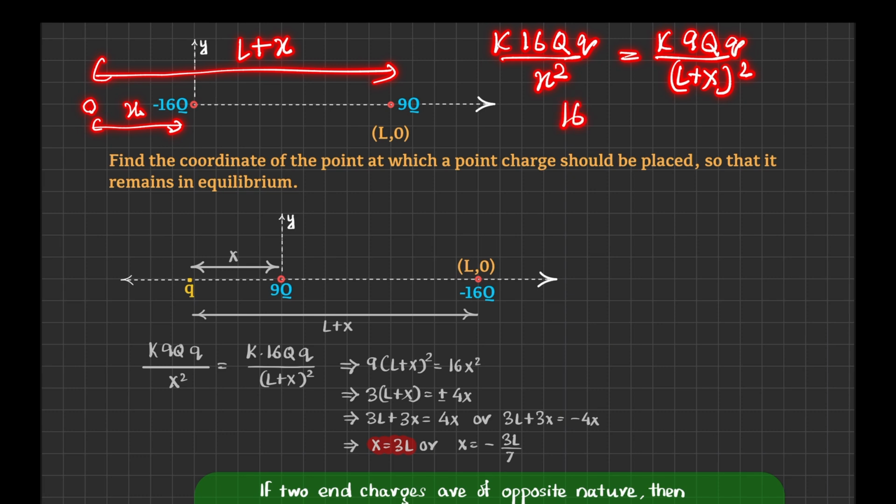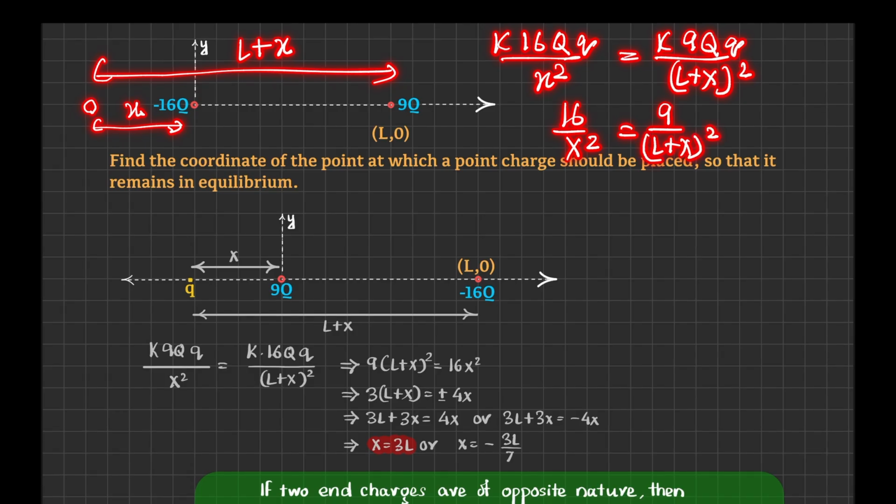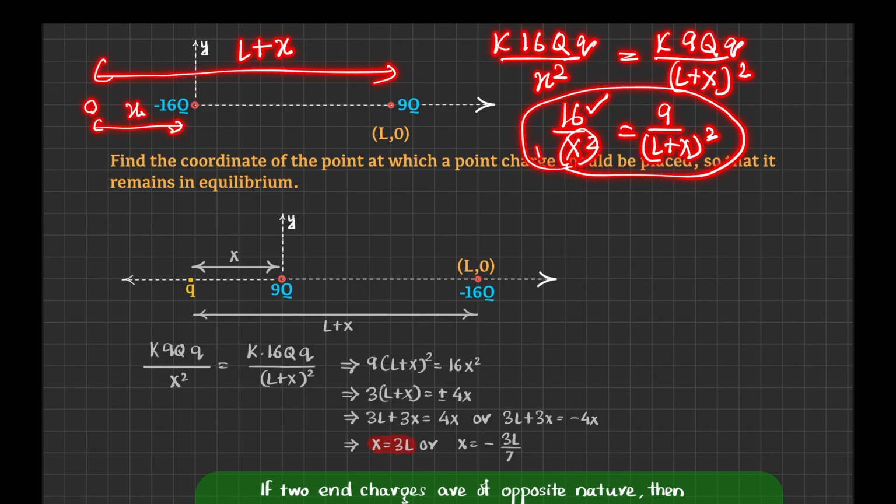So from here, 16 by x square equals 9 by (L plus x) whole square. Look at this equation here. Here the numerator is more and the denominator is less. Comparing the two numerators, 16 is more than 9.